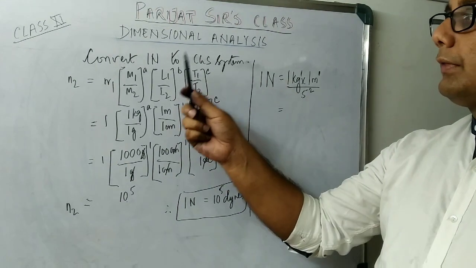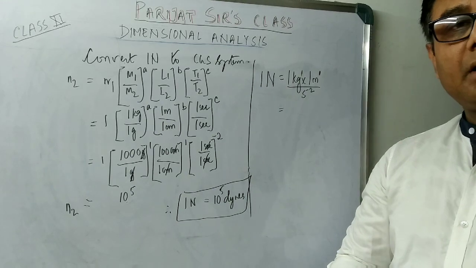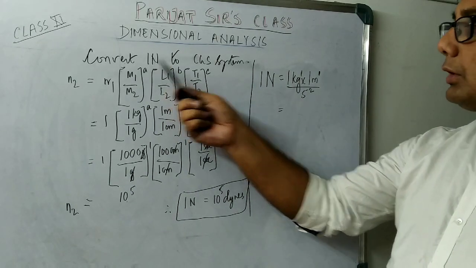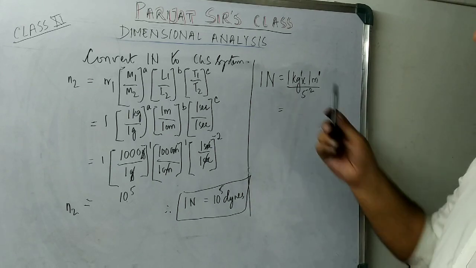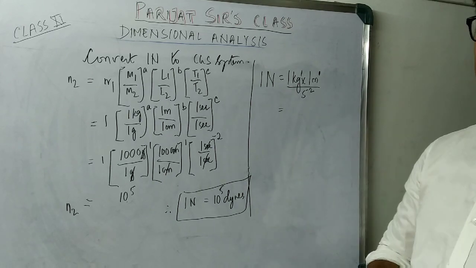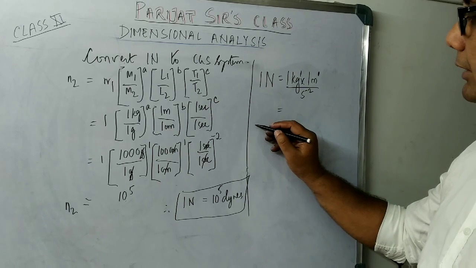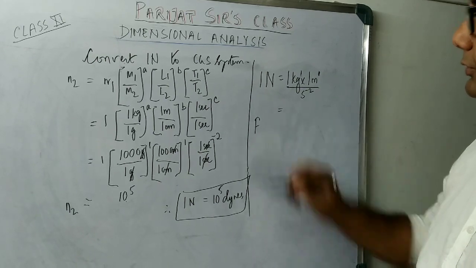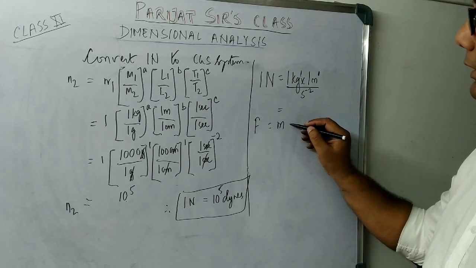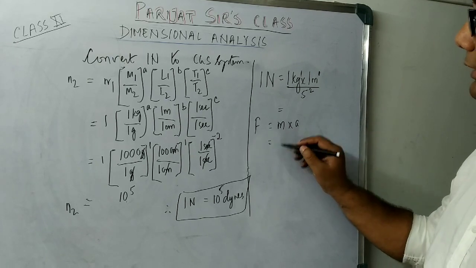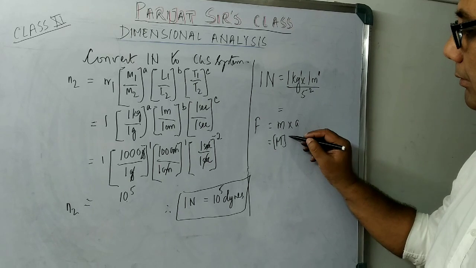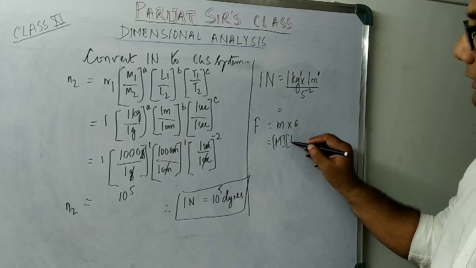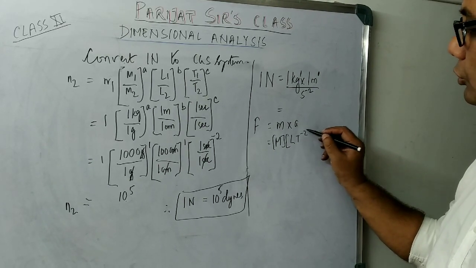And I told you that this is the N1. And first of all, we have to see what are the dimensions of the force. Force is mass into acceleration. So that means it will be m, and acceleration is lt minus 2.